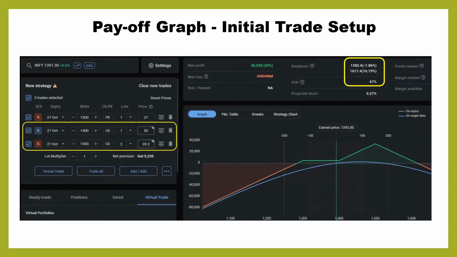This is very important. These kinds of spreads give you a wide range, and that's where the spread gives a higher success rate. Here you can see the POP is 67%.